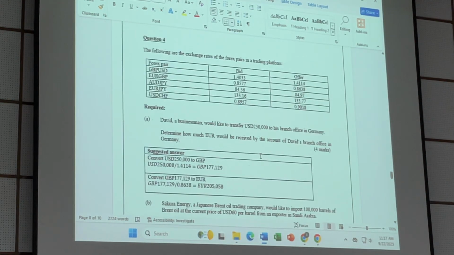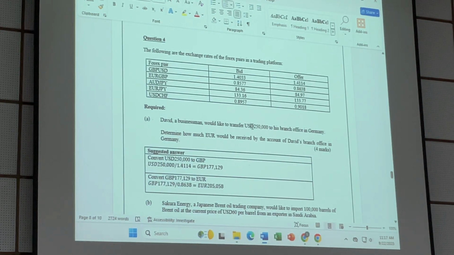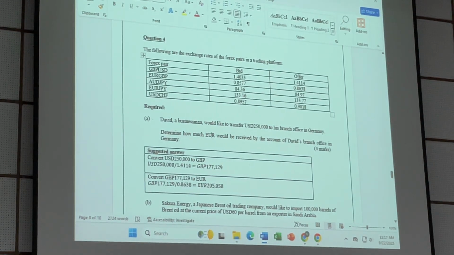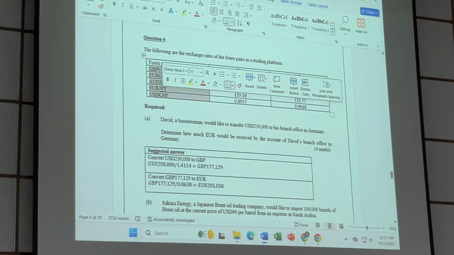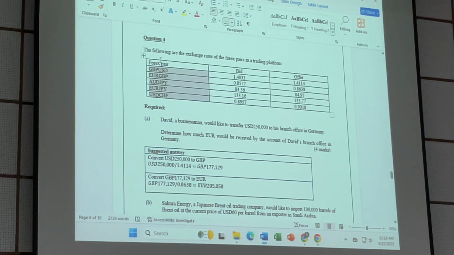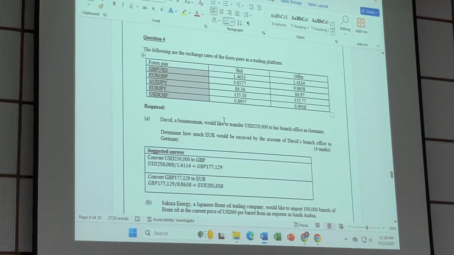Okay, for question 4, this one you transfer to euro. Now you see the quotation is different already. Just now all the currencies were base currency, 1 unit or 100 units. So now they have a different quoted currency.